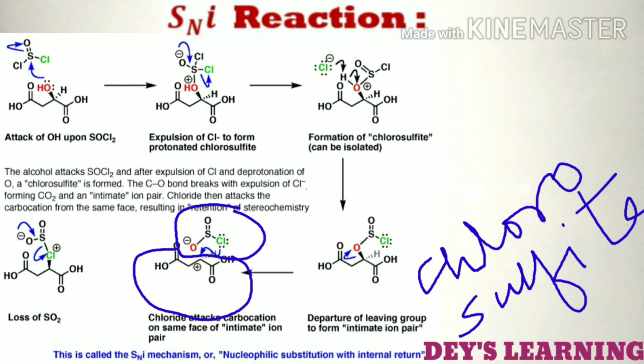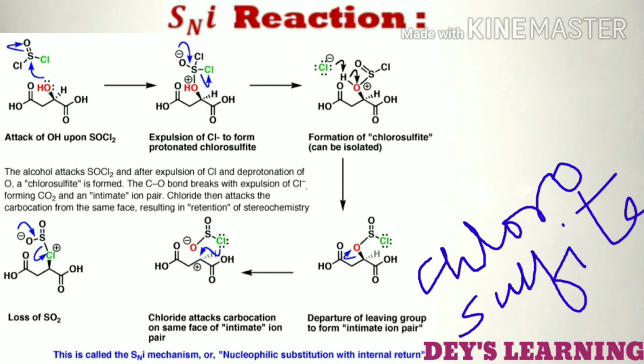So in the last step, this Cl minus attacks the carbocation from the same face from which the carbon-oxygen bond is cleaved. So this yields the retention of configuration product. So this is the mechanism of the reaction.